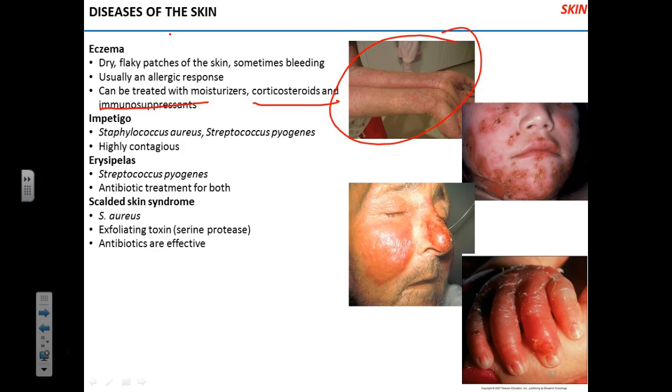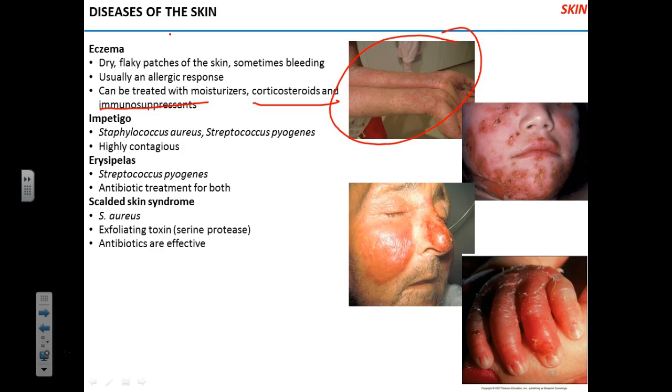Many pathological conditions of the skin are linked to abnormal bacterial infection. I'm not talking about viral here yet. If you want, I can mention them on pause. Those that you need to know, I will ask you about.